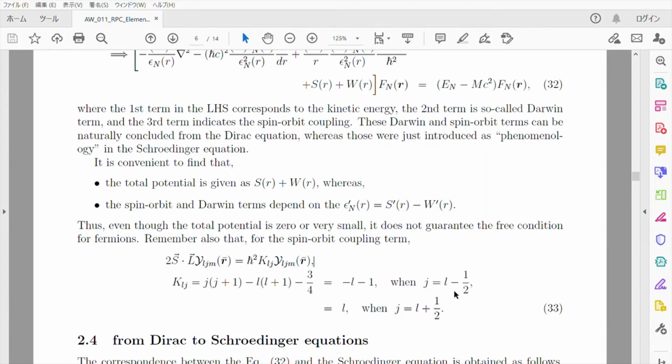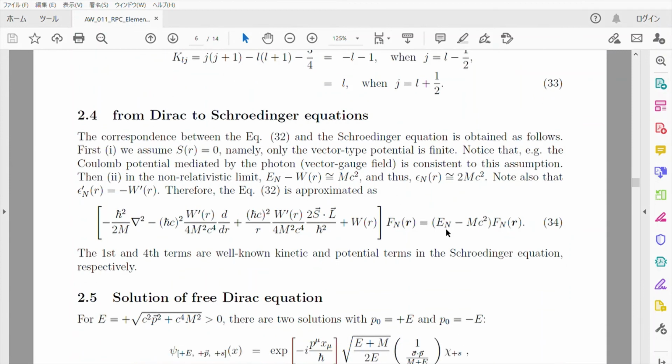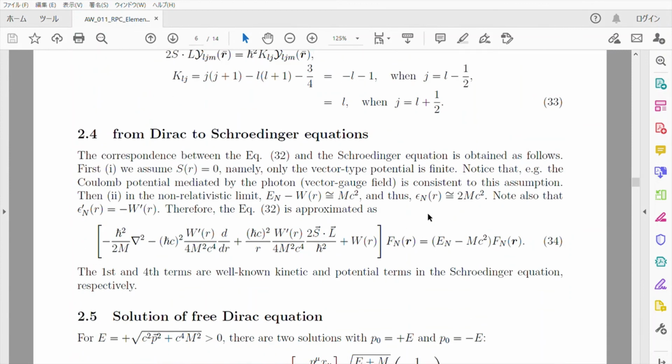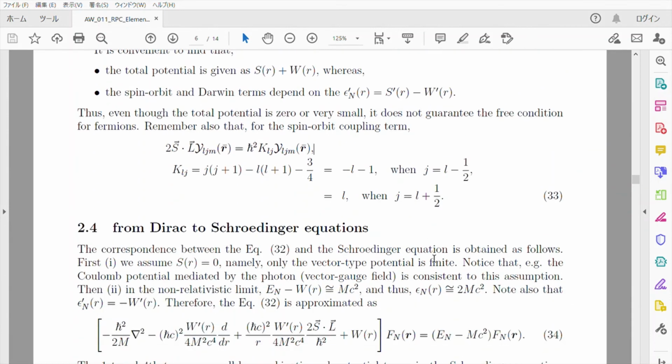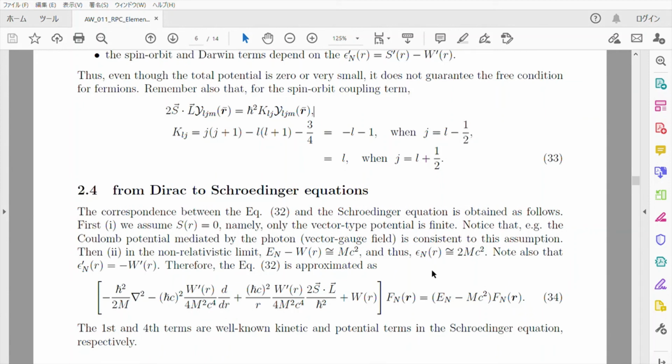Finally, from the Dirac equation to the Schrödinger equation, the correspondence between equation 32 and the Schrödinger equation is obtained as follows. First, we assume that the scalar potential is zero, namely only the vector-type potential is finite, for example the Coulomb potential mediated by the photon vector field.